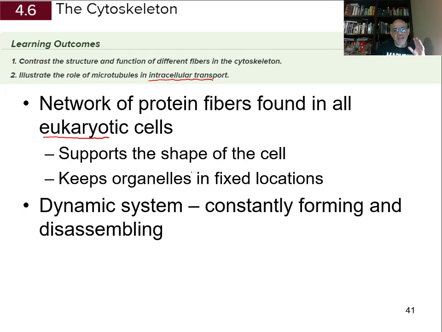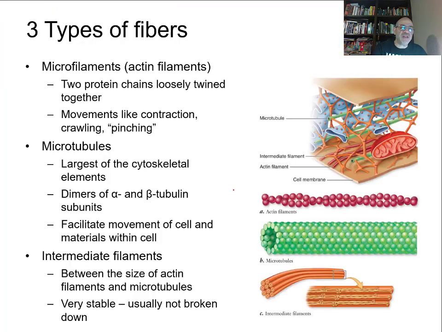It is dynamic itself, and that means that many of the components can be disassembled and then reassembled in different ways to fit the needs of the cell. Going back up here, the cytoskeleton can help hold some of the organelles in fixed locations, but some of the cytoskeletal elements, some of the proteins, can be used as highways for transport as well. We'll see an animation of that.